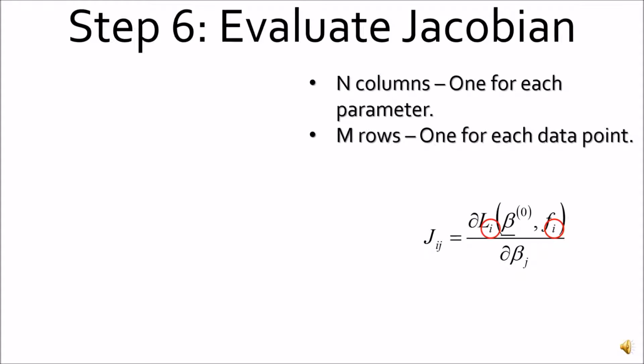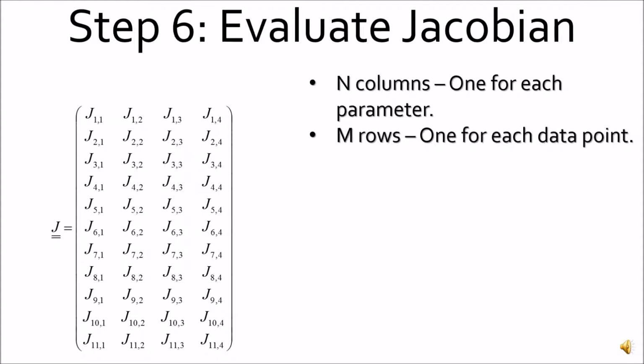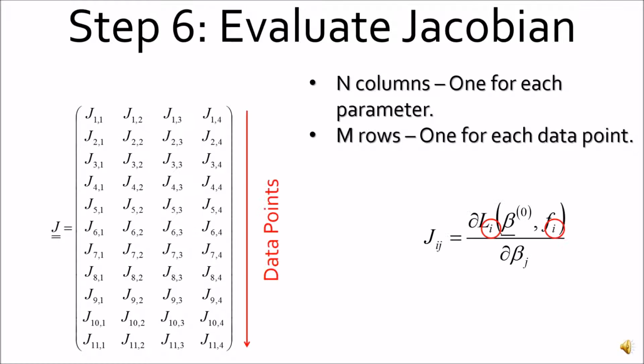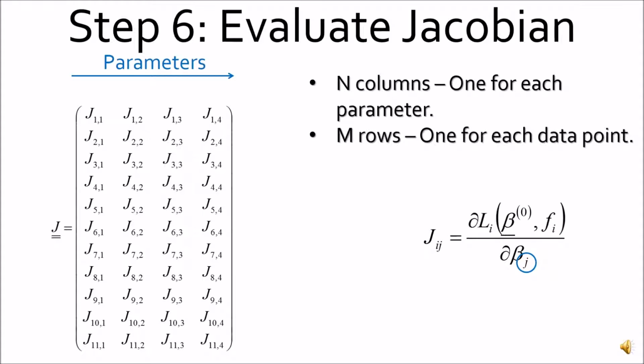So in our case, we have 4 parameters and 11 data points. In that case, we have a matrix with 4 columns for the 4 parameters, and 11 rows for the 11 data points. And as I said before, the data points are the rows, indicated with the subscript i, and the parameters are notated with the subscript j.